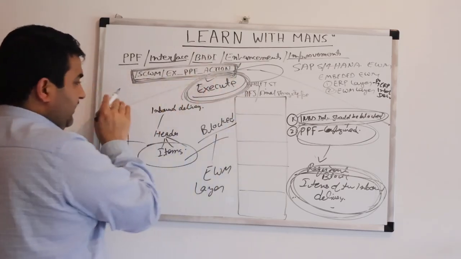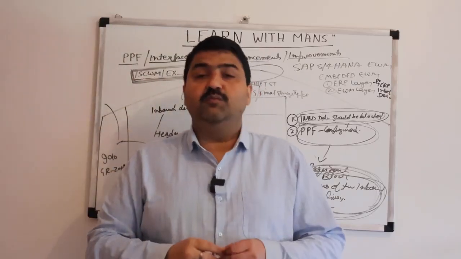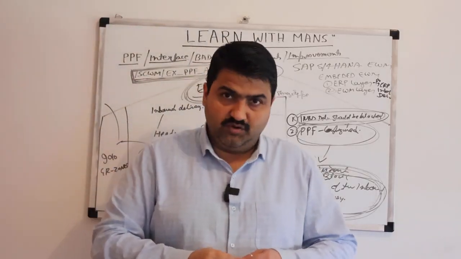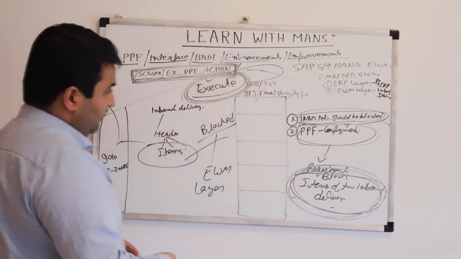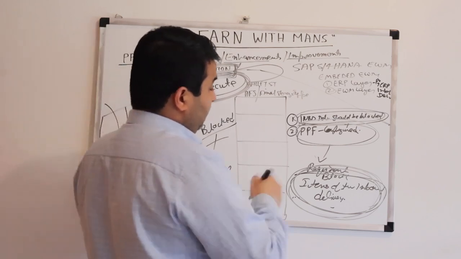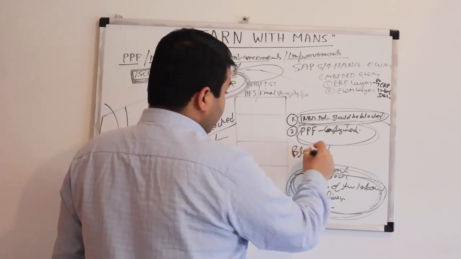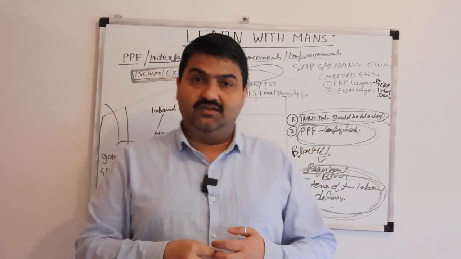Whenever the delivery is created, the post processing framework is triggered for the inbound delivery process. Automatically the system checks the code behind, and then the items or the delivery would be blocked, and we can achieve this business requirement.